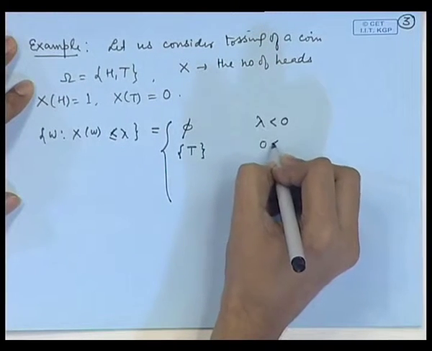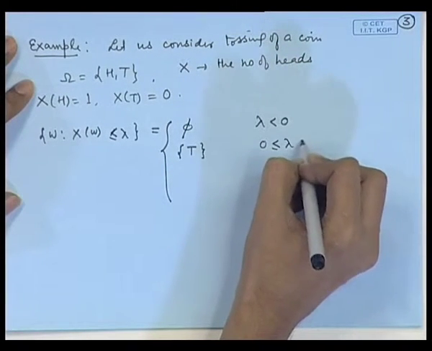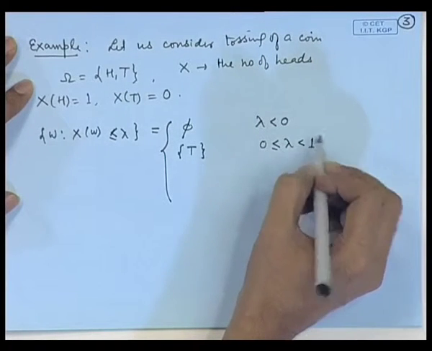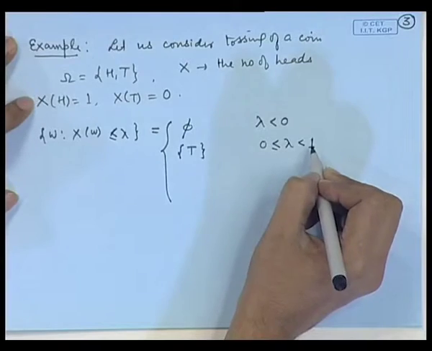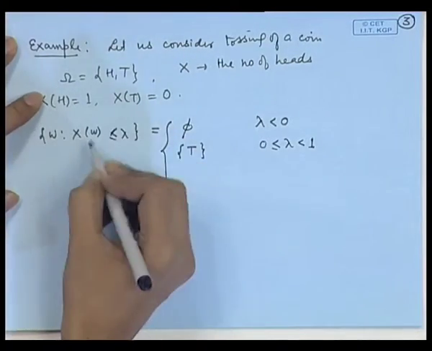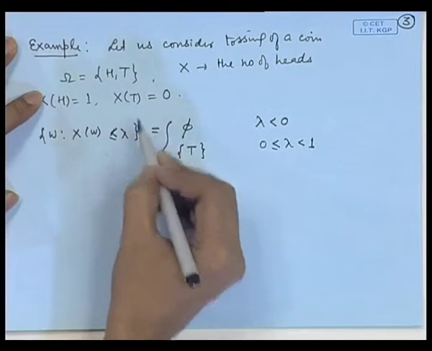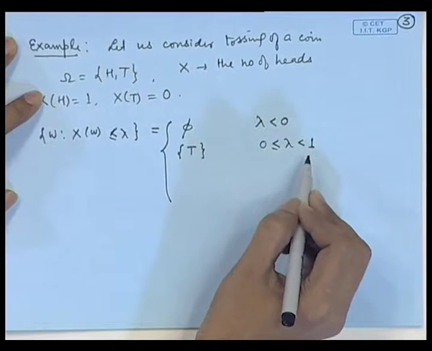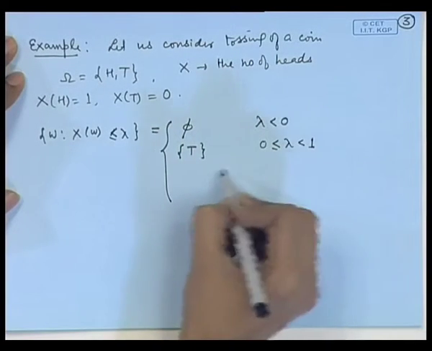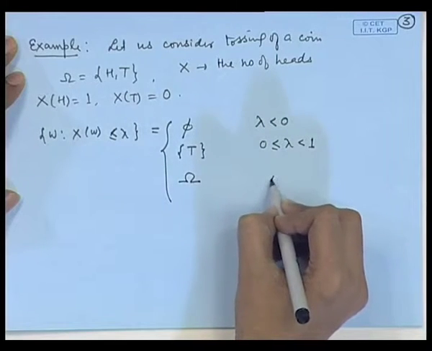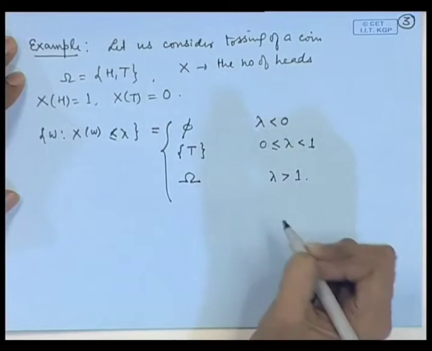This condition remains true for lambda strictly less than 1, because the next value that the random variable takes is 1. When it eventually takes 1, there are 2 points, H and T, which satisfy the condition. So, this becomes full omega for lambda greater than or equal to 1.